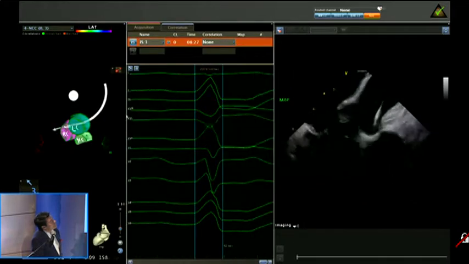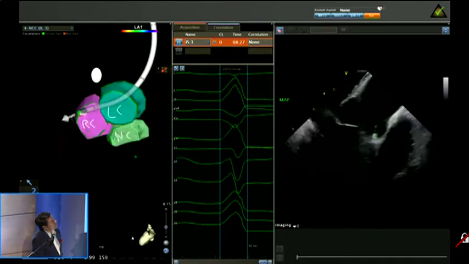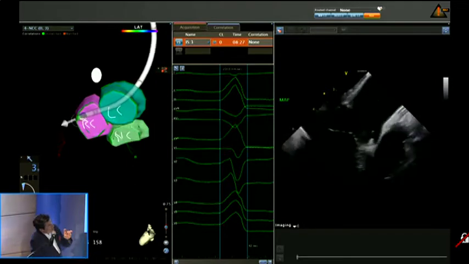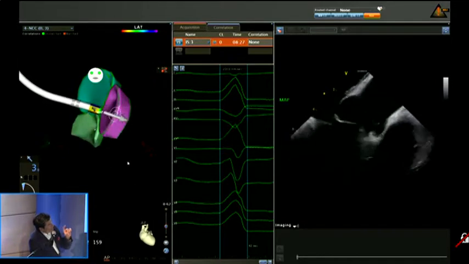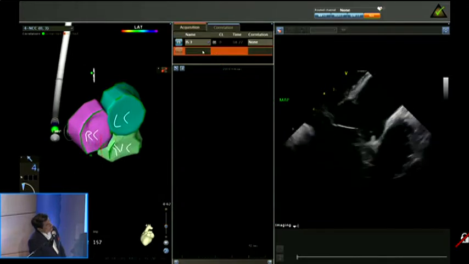Well, at this time, as you can see on the echo to the right, you can see the catheter that has been placed in the coronary cusp. Well, one interruption.